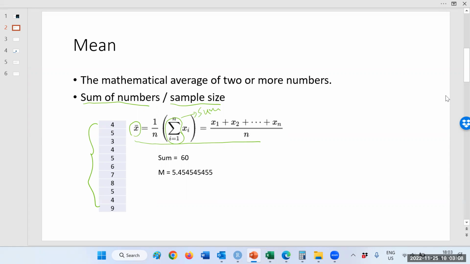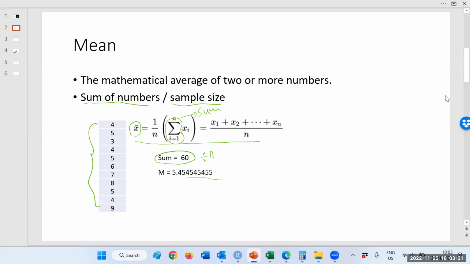In this case, I have already done that. I have summed them up, which has given me 60, and then I divided it by 11, which gave me 5.45 and more decimals.